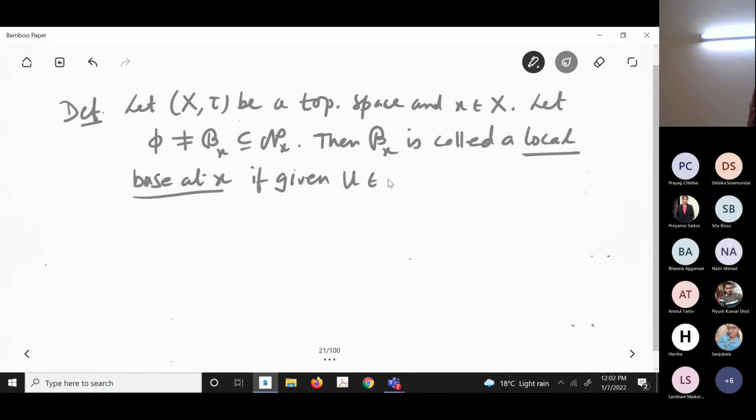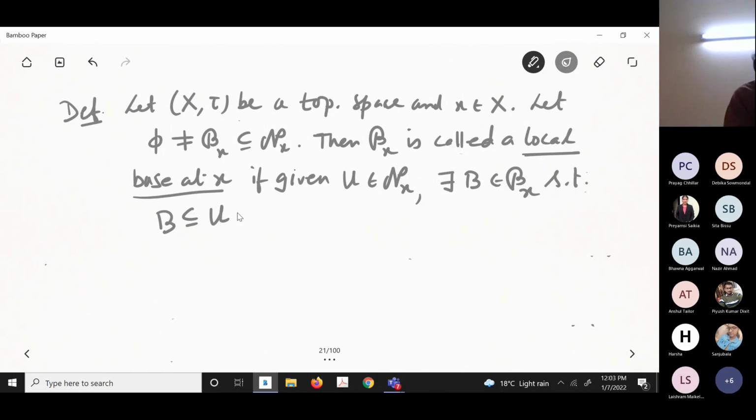Then B_x is called a local base at x if, given U belonging to N_x, there exists B belonging to B_x such that B is contained in U. Intuitively, a topology is finer, a good topology, if you have smaller neighborhoods.